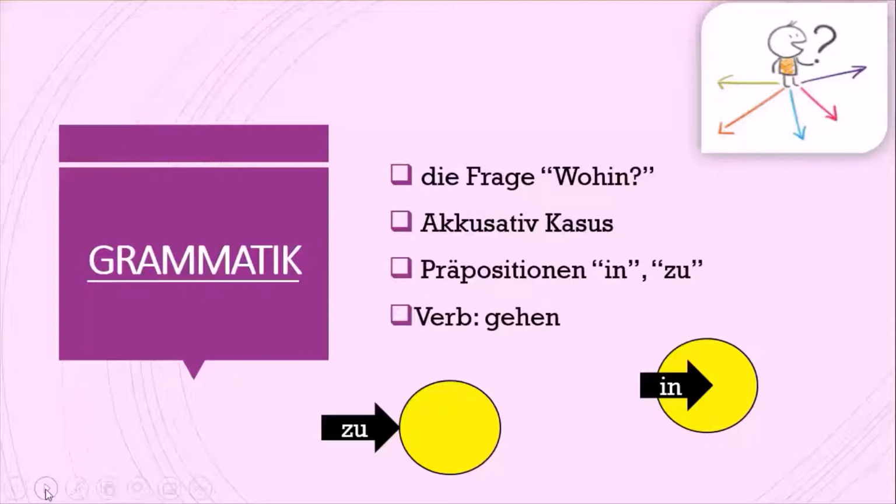For describing movement, the question wohin is used in German. Wohin means where to. As for example, if I ask someone, where are you going to?